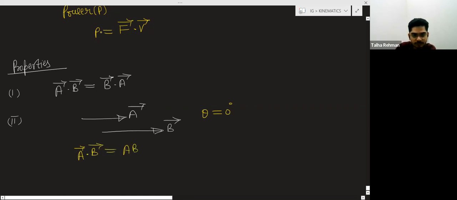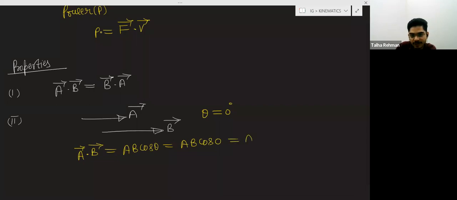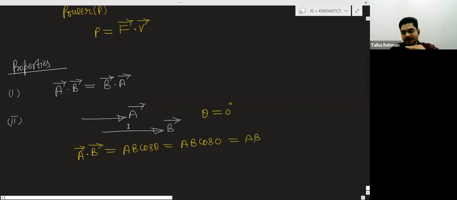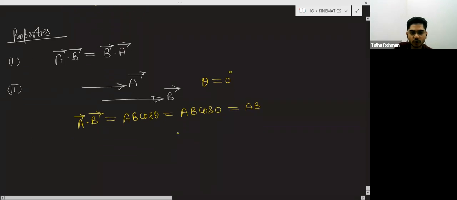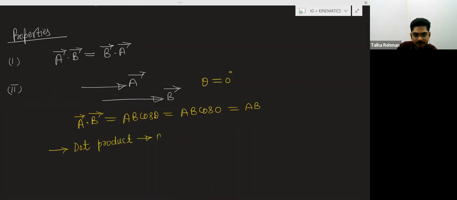AB cos theta. So you will write here AB, and this is cos 0. Cos 0 is 1, so finally you will get AB. And when two vectors are parallel, then dot product becomes maximum. Why? Because cos theta becomes maximum.